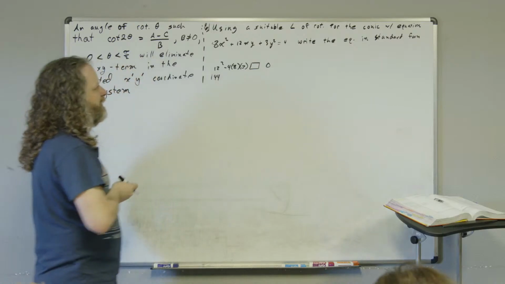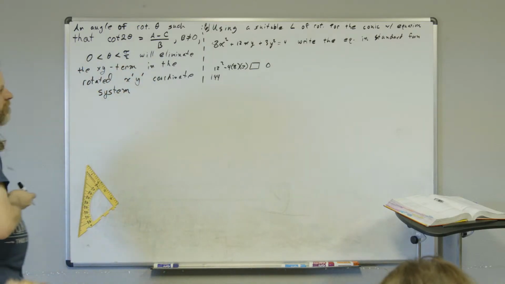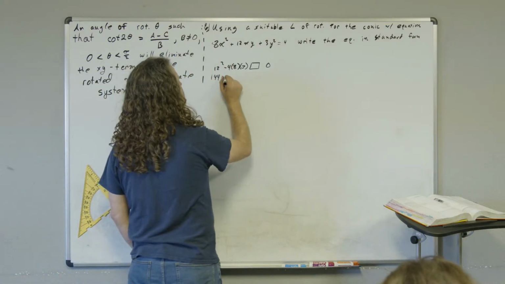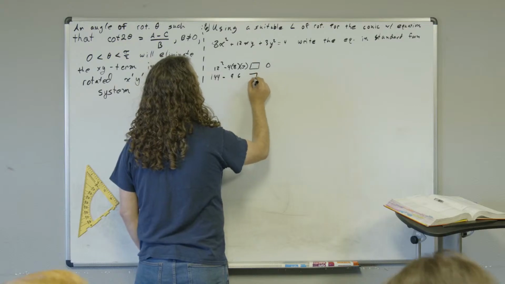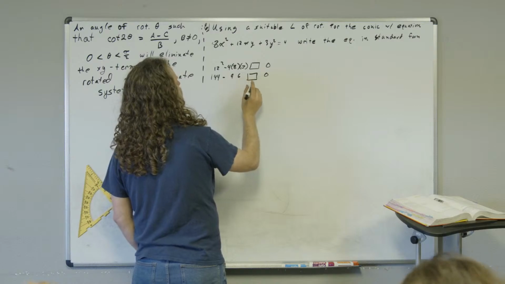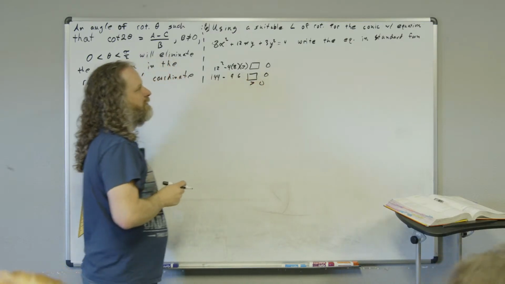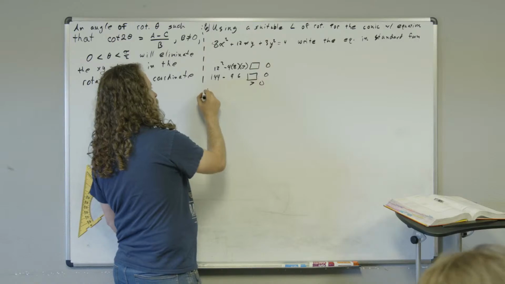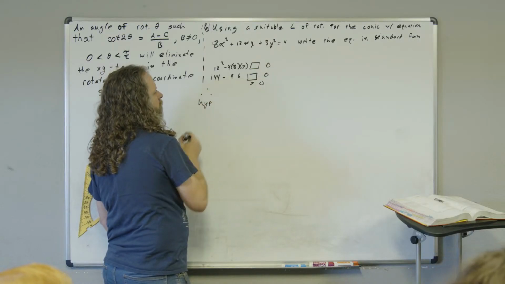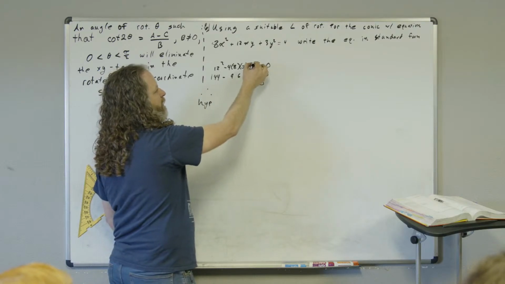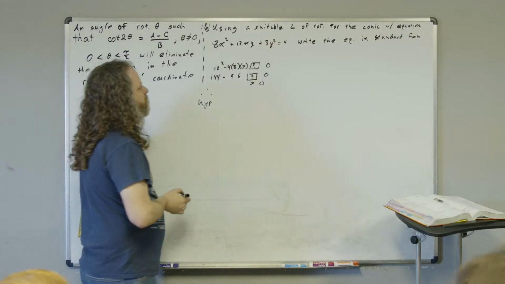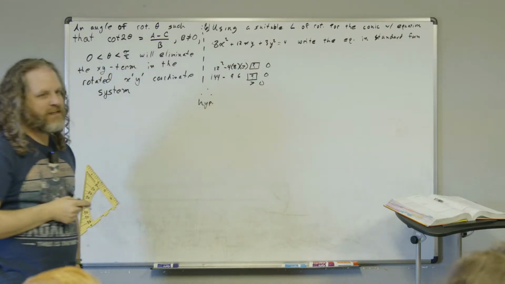What is negative 4 times 8 times 3? 96. So it is going to be greater than 0. Therefore, hyperbola, right? It is a hyperbola.